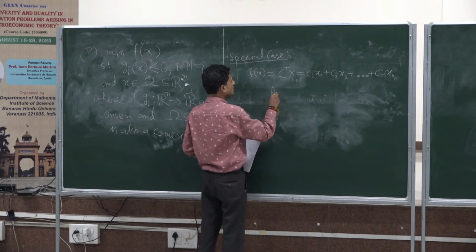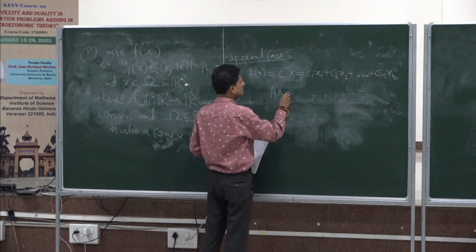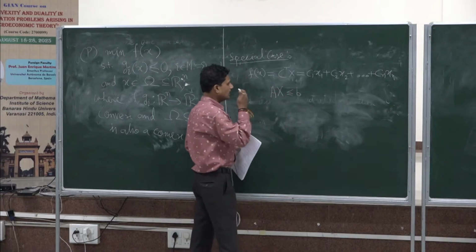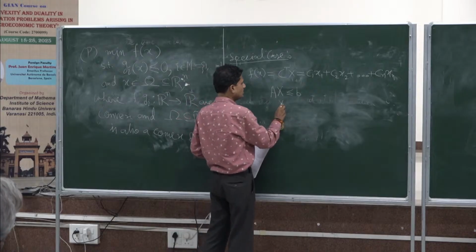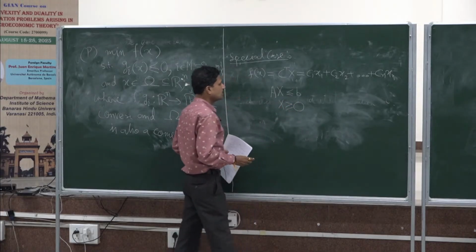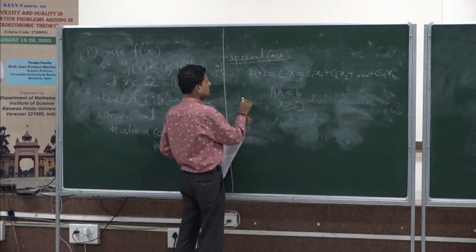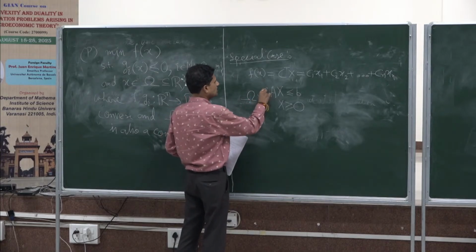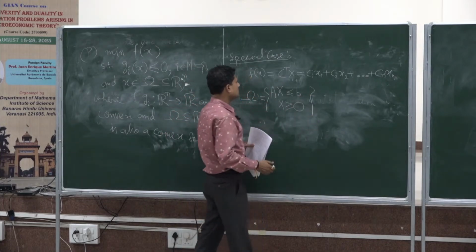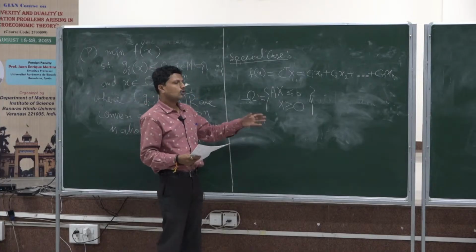So we denote it by Ax ≤ b, along with non-negativity constraints. So this set omega, if we represent it like this, is also a convex set.